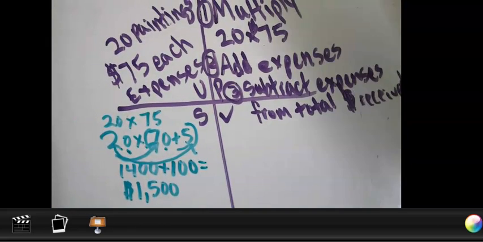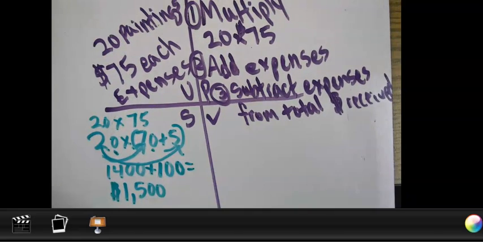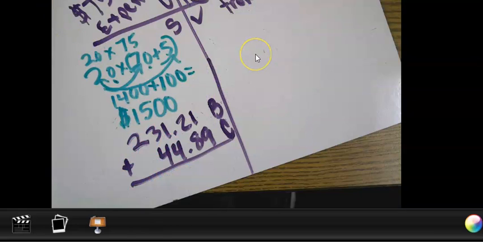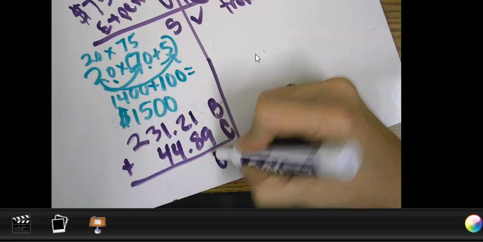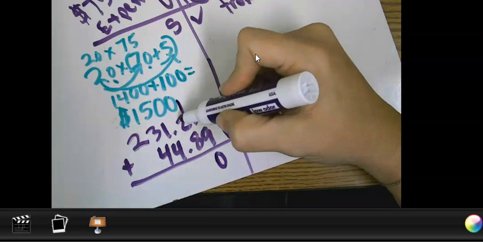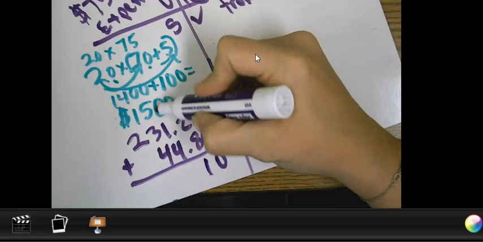Okay, well, let's see what those expenses were so we can subtract that and see how well she did. Our expenses were, okay, so let's go ahead and add these up. 1 plus 9, that's 10, carry the 1. 1 plus 2 is 3, and 3 plus 8 is 11. Once again, I'm carrying.